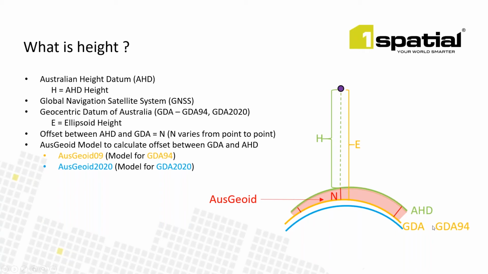For example, GDA 2020 is different to GDA 94, and the offset between these two different ellipsoids and the AHD is different at a given point. Therefore, we should use a different geoid model for each datum to calculate this offset. For example, for GDA 94 we can use AUSGeoid09, and for GDA 2020 a new model, AUSGeoid2020, is introduced.